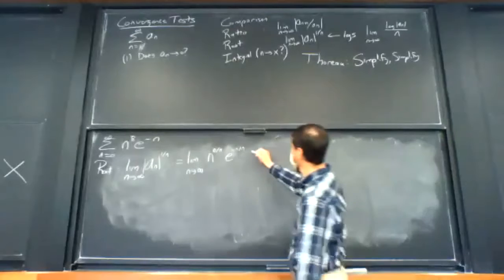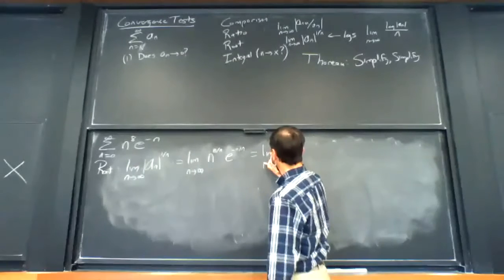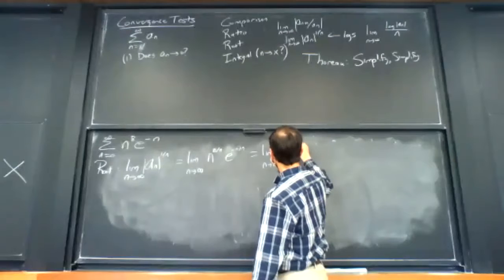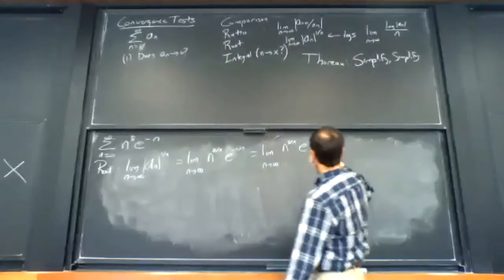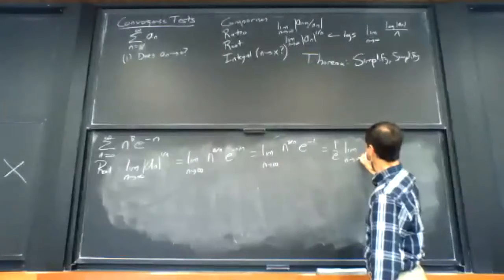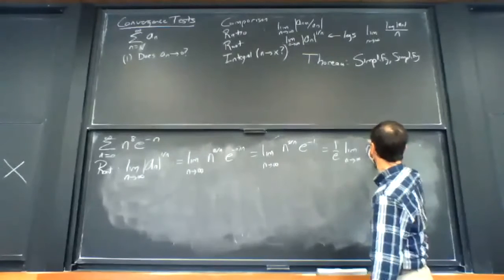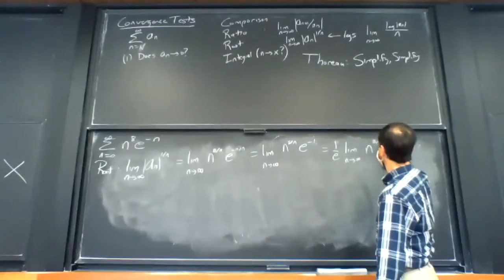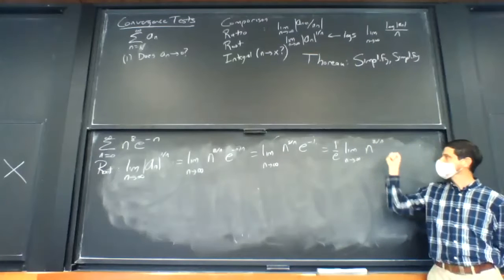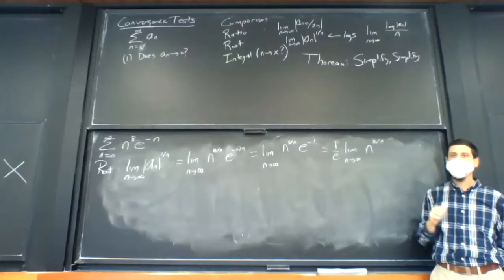This is now just giving us the limit as n goes to infinity of (n^8)^(1/n) times e^(-1). So that's 1 over e times the limit of n^(8/n). If we happen to know that that limit is 1, we're done.